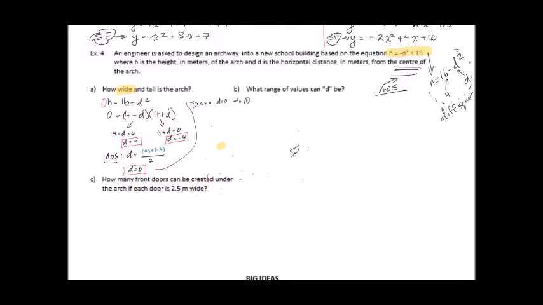By doing so, we end up with H is equal to 16 minus 0 squared. Uh-oh, the H value is 16.